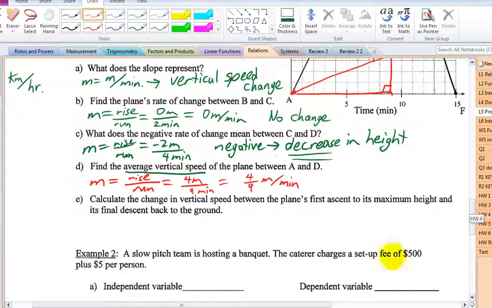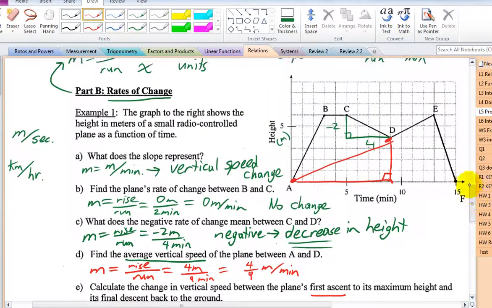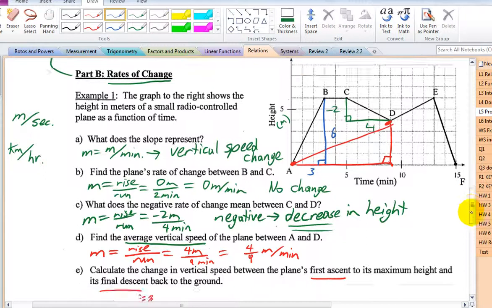Good. E, calculate your change in vertical speed between the plane's first ascent to its maximum height and its final descent. So really, let's find the slope of the ascent. So at the beginning, we're going up to B. We have a rise of 6 and a run of 3.